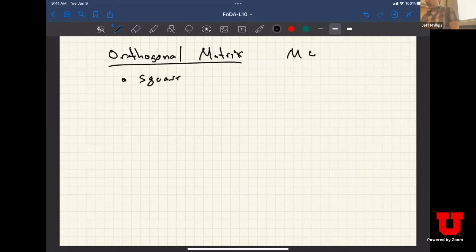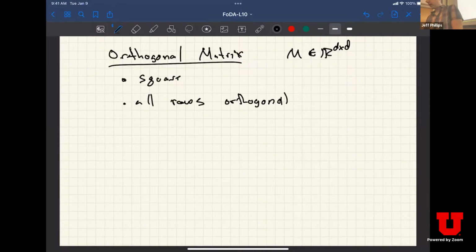So M is in R d by d, and all rows are going to be orthogonal and normalized, and the same is true of the columns.